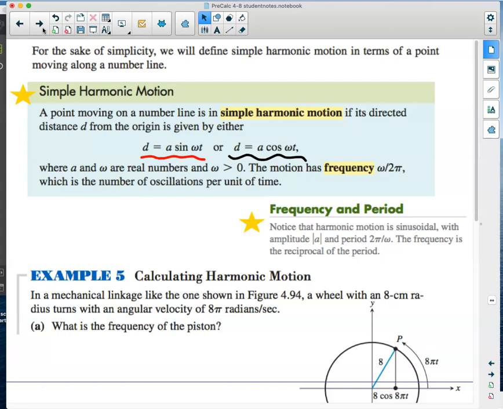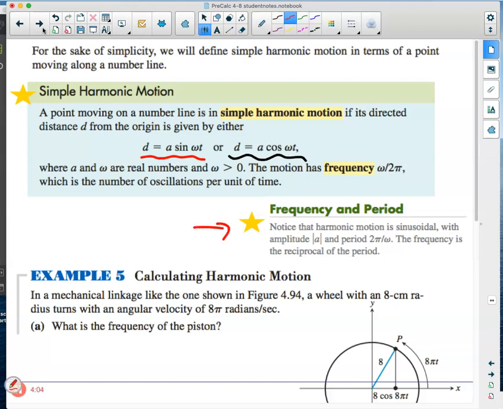Now that should look familiar. Remember, our period was 2 pi over the absolute value of b, but when we're talking about simple harmonic motion, we take that period, flip it over, and we get frequency, omega over 2 pi, instead of the absolute value of b over 2 pi. So big item here, frequency and period.